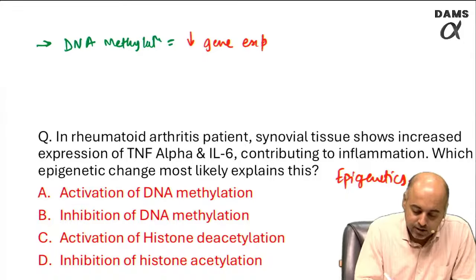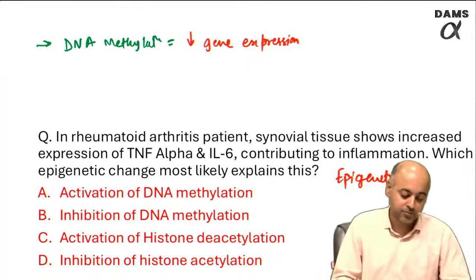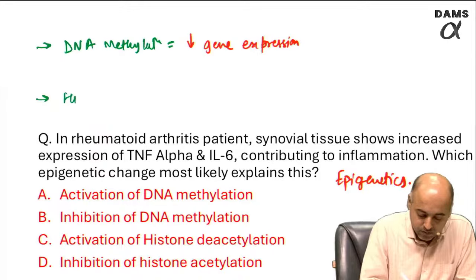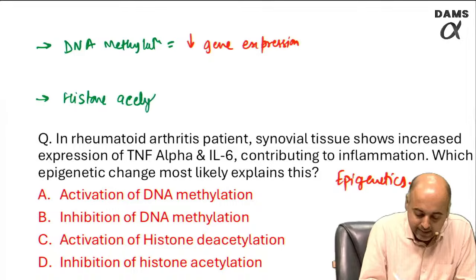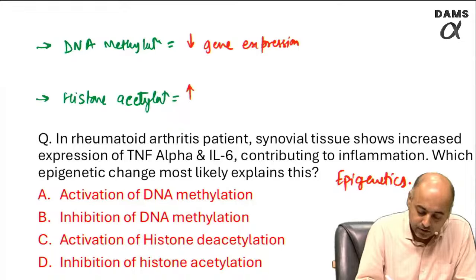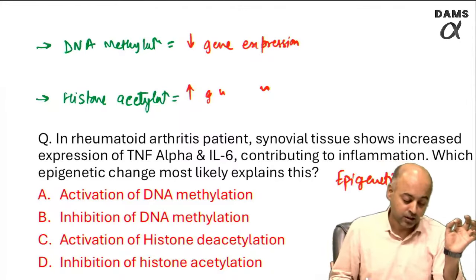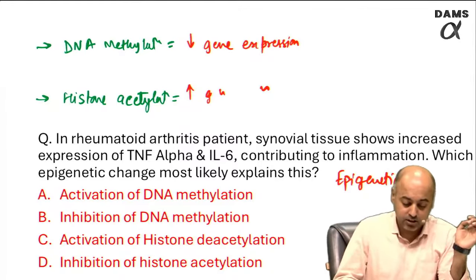Decreased gene expression. Second, histone acetylation. What will happen? Increased gene expression. Please remember these two things. So DNA methylation, decreased gene expression. Histone acetylation, increased gene expression.